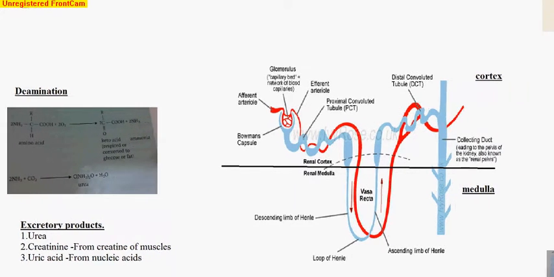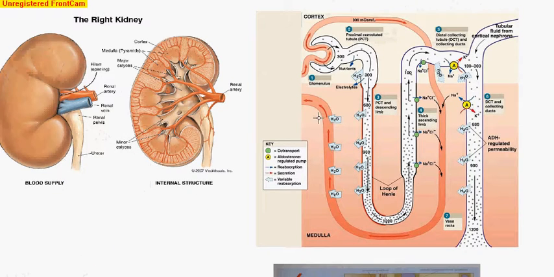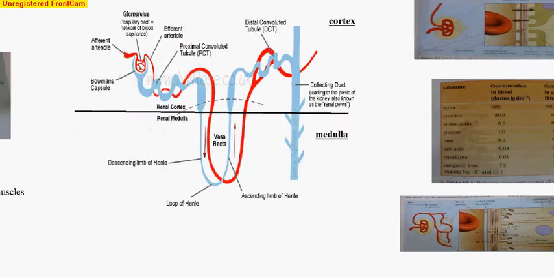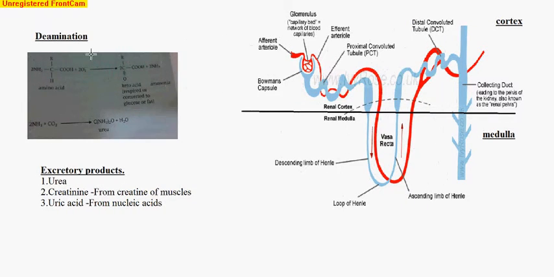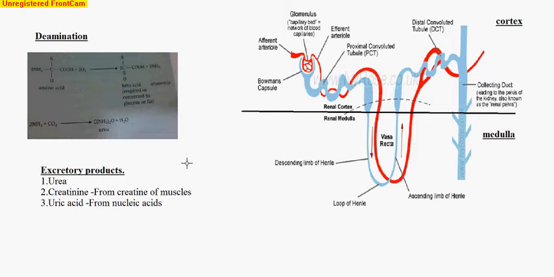As we know, there is deamination, then we have ultrafiltration, and we have reabsorption. Okay, there are three. So here there will be ultrafiltration and reabsorption, but we'll try to see deamination first. So let's start with that, and we will see about the rest of the things.